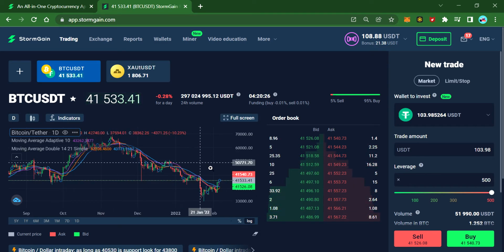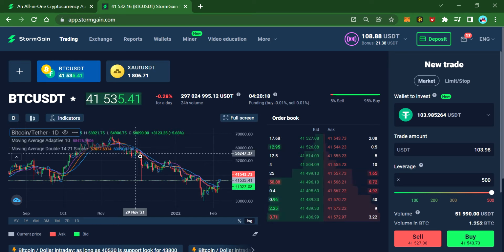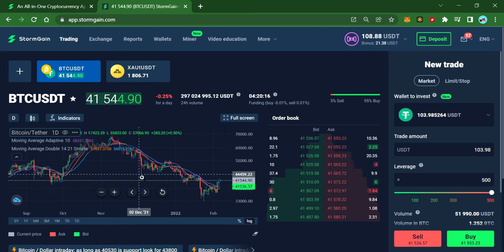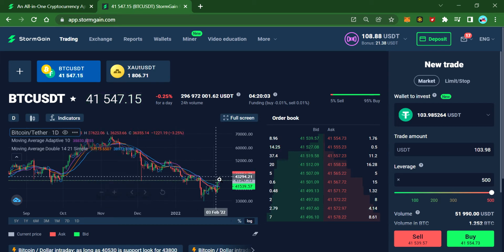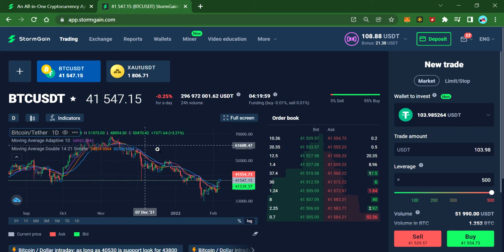look into the long-term trend. So long-term trend, you can put as a day or a week, or if you're trading with 1 hour, you can put as 1 hour. As you can see, if you take this reference from here till here, the upward movement is very, very, very little.